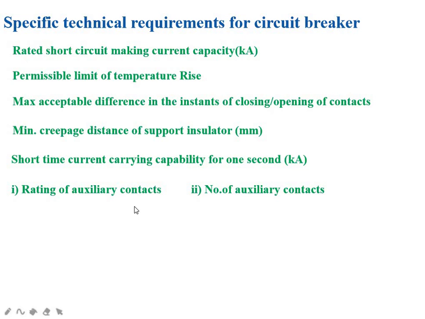Then rating of auxiliary contacts, which, if DC is used, is generally 220 volt DC, and current will be a maximum of 10 ampere for the auxiliary contact rating.